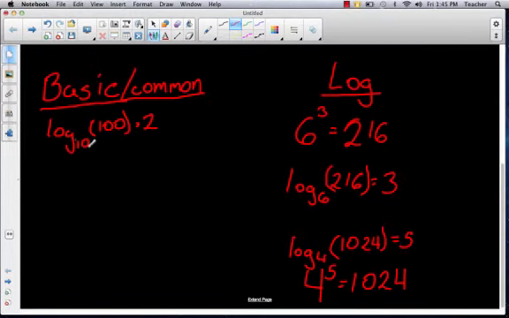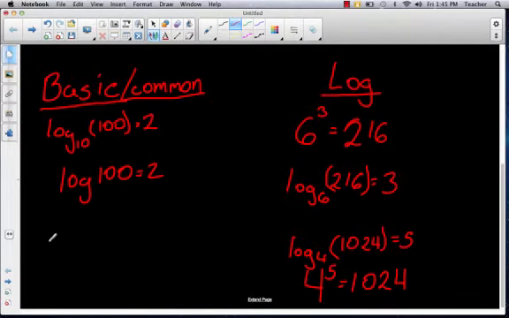Now, instead of having to worry about writing it all like this, if you just write log of 100 equals 2, everybody's going to infer that you're using the 10 as your base, because common log is, well, obviously the most common. So you don't have to worry about writing base 10 or anything. You can just put log of whatever number.